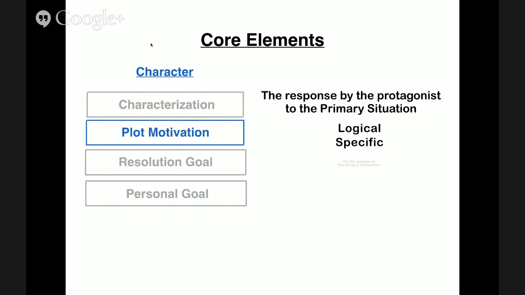The plot motivation, the response of the character to the primary situation, is always logical and specific and for the purpose of resolving or overcoming that primary situation. We're going to see that again in John McClane, Die Hard. They make it so simple.